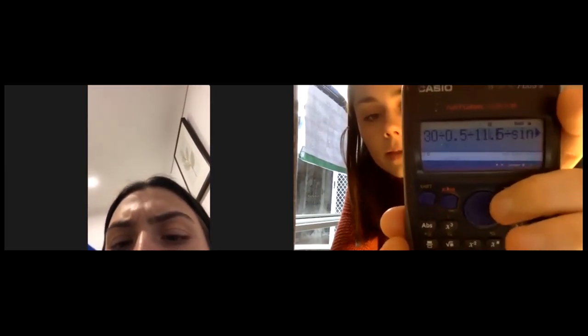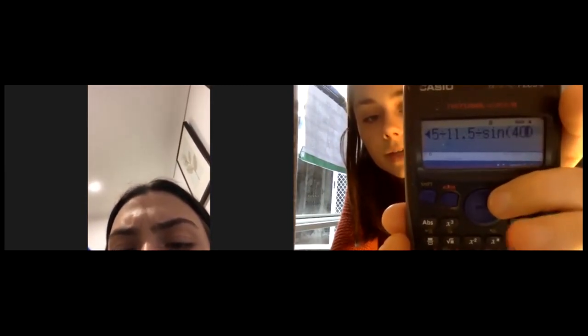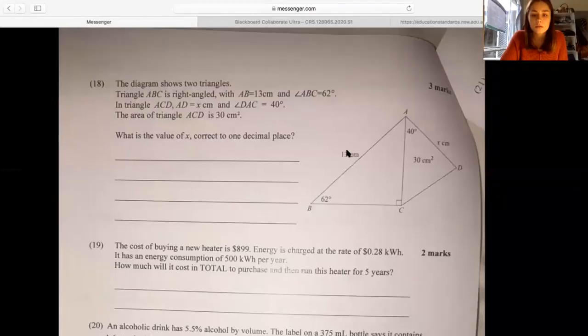Like that? 30, 0.5 divided by 11.5 divided by sine 40. Yeah. And then I got 8.11. Wait, where'd you get? Oh, whoops. No, I made a mistake. Never mind. Oh no, because I stopped my share, all my annotations went.